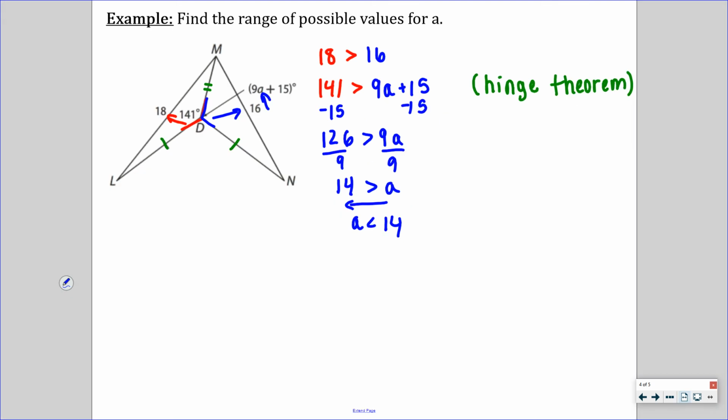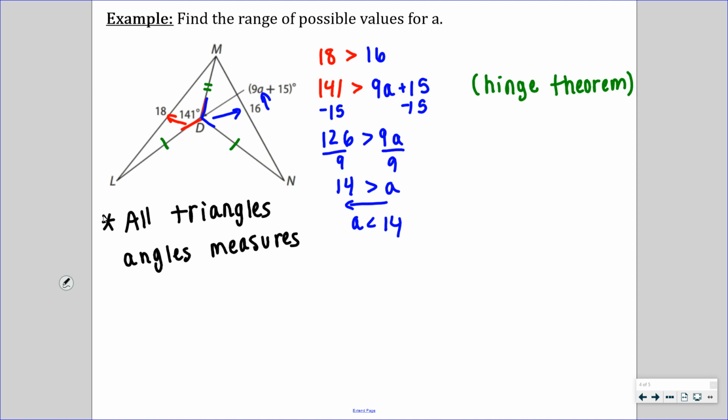You sillies. All right. So I like to call this the common sense theorem. I made this up. I didn't make this up. It's just I made up the name for that. Okay. All triangles' angle measures are between 0.